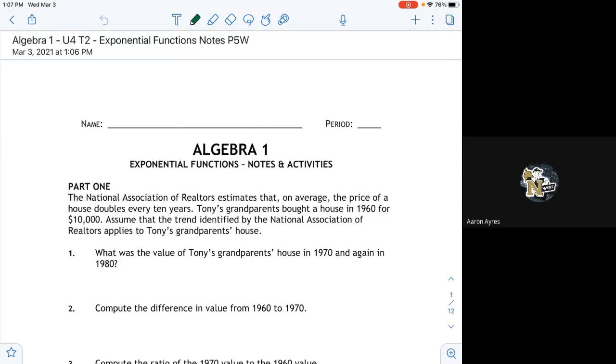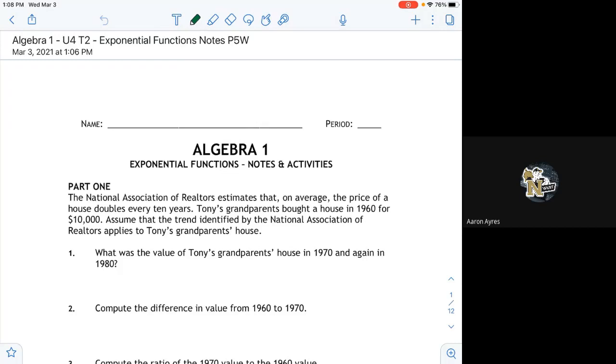All right, so we're going to start talking about something that doesn't necessarily grow or decrease by the same rate for every new interval of time. It's going to grow or decrease at different rates at each time, so we can discuss how that happens. One of the classic examples is the value of a home.